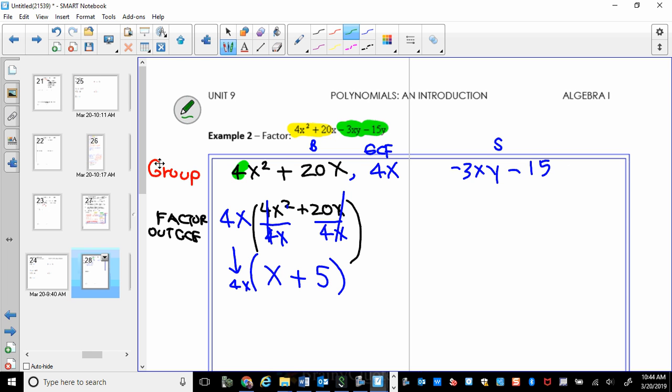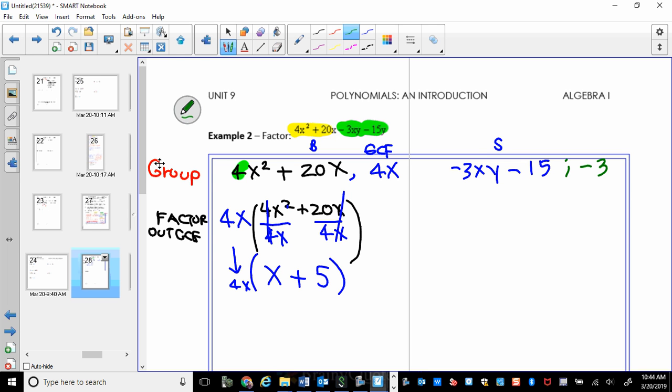What's the biggest number I can divide out of negative 3 and 15? Negative 15. Negative 3. And it has to be negative, okay? So, what's the biggest variable? What about x? Can I divide an x out of both of these? No. Why? There's no x over here. Can I divide a y out of both of these? No. There's no y over there, okay?